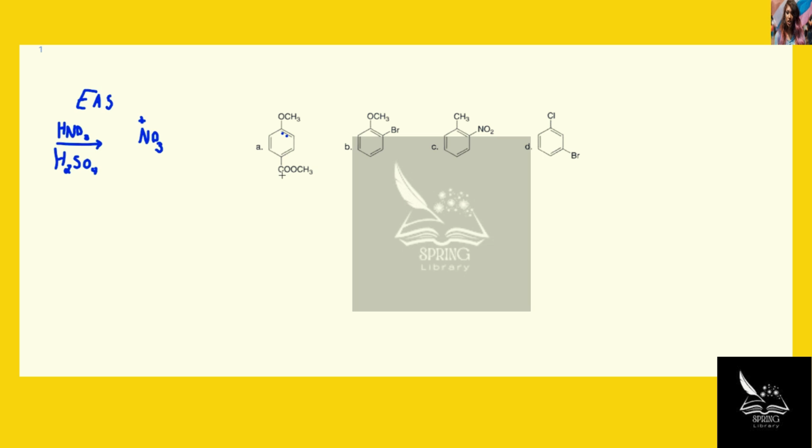You have to remember that when we're talking about multi-substituted benzene rings, if your substituents have an additive effect in terms of their direction, then you would have a clear carbon in which your NO3 group is going to be placed. However, if there's some sort of opposing directing effect, then whichever one is a stronger director is going to outcompete and cause the addition of your NO3 to your benzene ring.